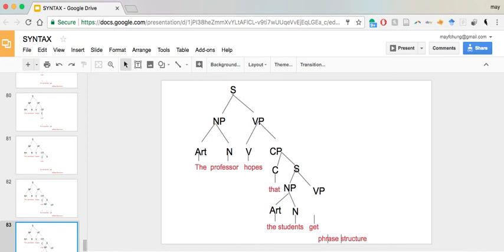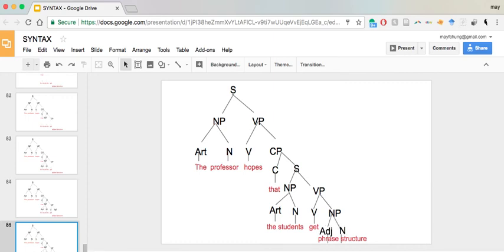And then your verb phrase would be get phrase structure, so that would be verb and then your noun phrase. For phrase structure, depending on if you think it's an entire entity, you could do that, or if you wanted to, you could just say it's an adjective and a noun.